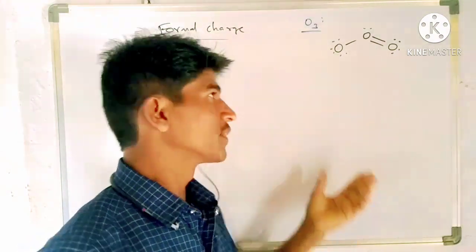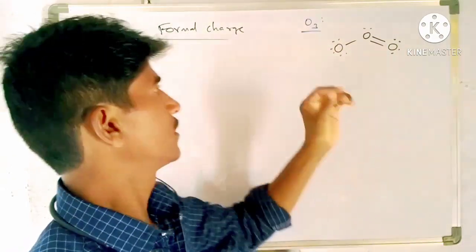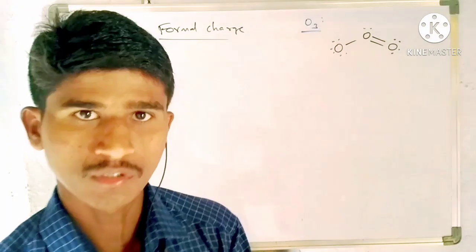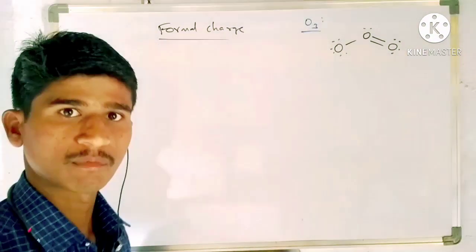Okay, so here let us calculate the formal charge for the different atoms of this ozone molecule. There is a formula for formal charge.